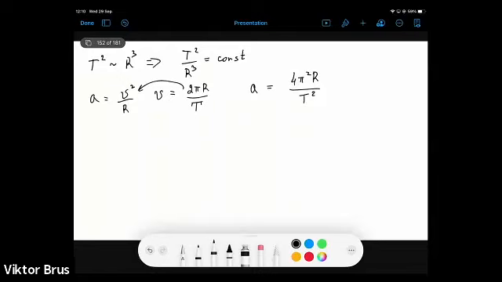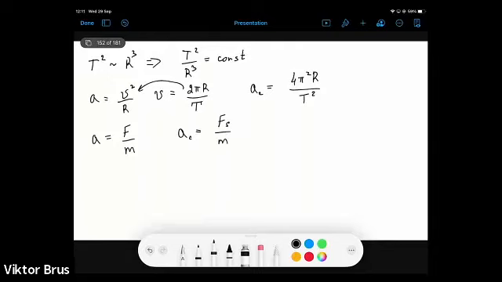And now once we have it, we can recall the second law of motion. We know that any acceleration is equal to some force divided by mass. In this case, we have centripetal acceleration, so we need to deal with some centrifugal force. Let's mark it as centripetal acceleration, then it will be centrifugal force divided by mass.